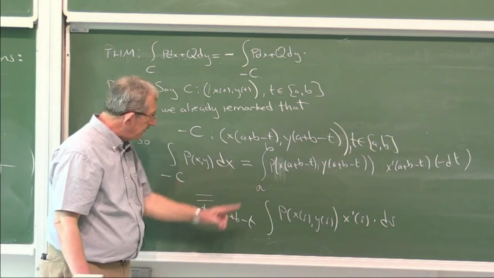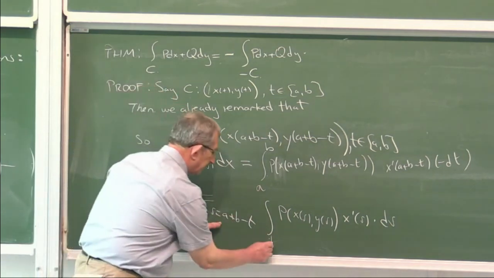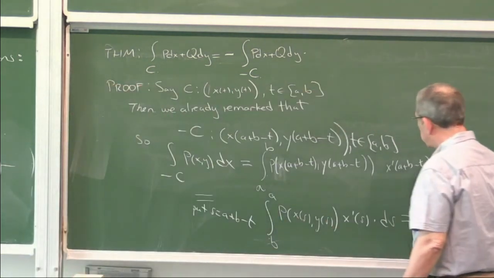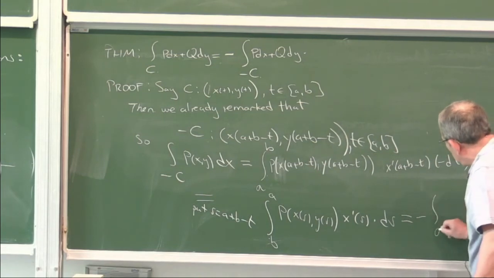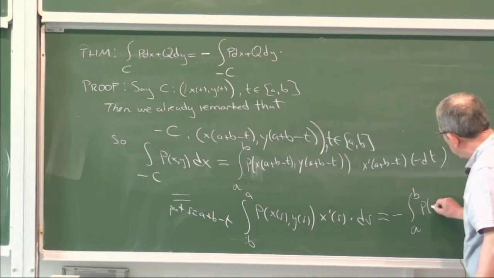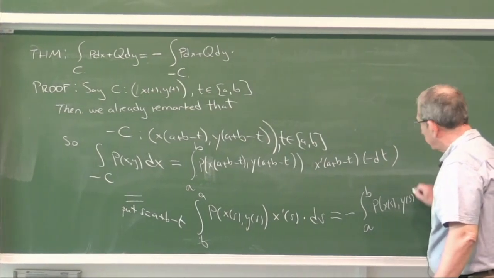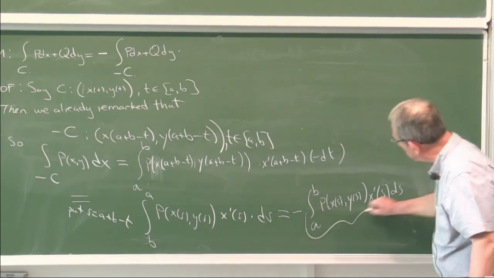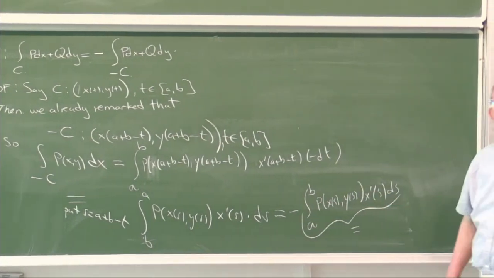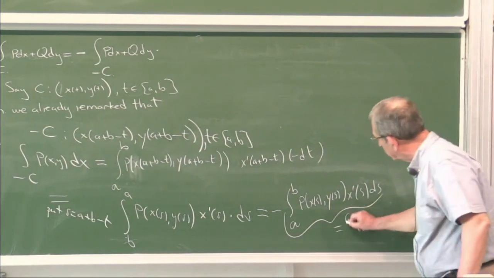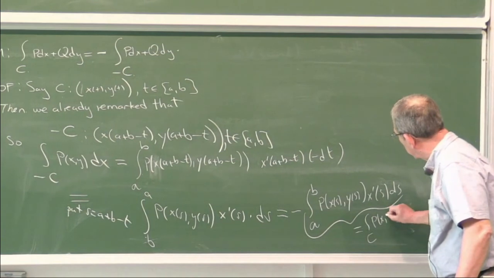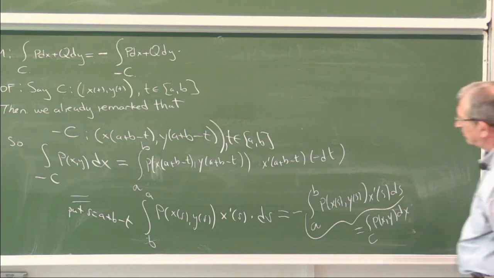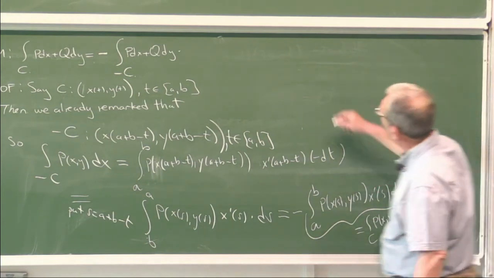When t is A, you start with B and then go to A. In other words, this is the negative of the integral from A to B of p of x of s, y of s, x prime of s ds. But this is nothing but, replacing s and t in the standard way, the integral over C of p(x,y) dx. So this proves the theorem. Similarly for y.